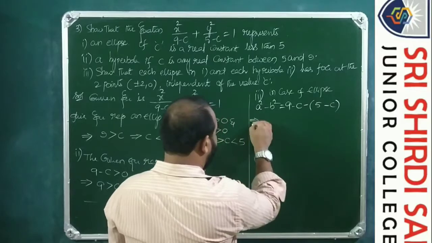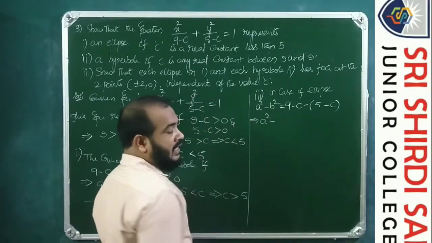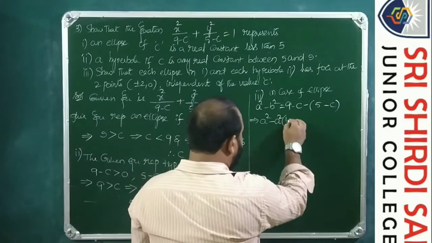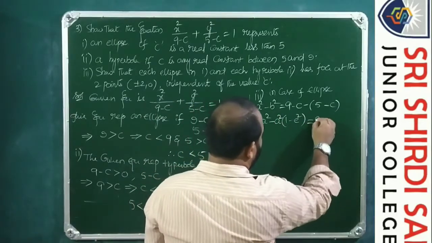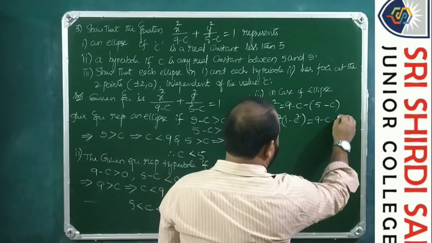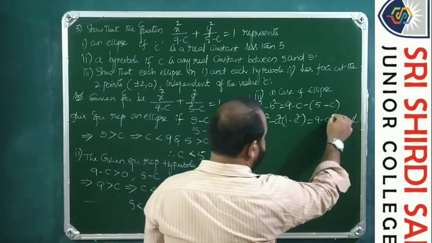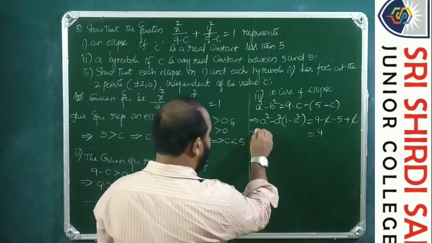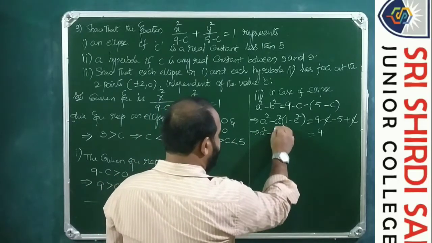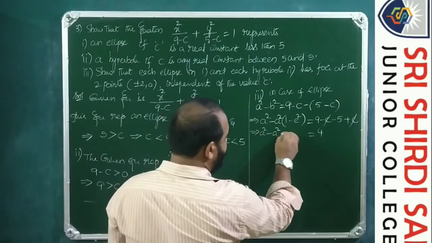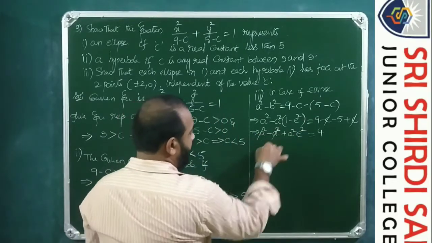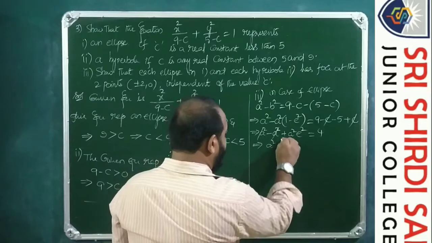So this is equals to a square minus, in ellipse b square is equals to a square into 1 minus e square, is equals to 9 minus c minus 5 plus c. C gets cancelled. 9 minus 5 is 4. So a square e square equals to 4.